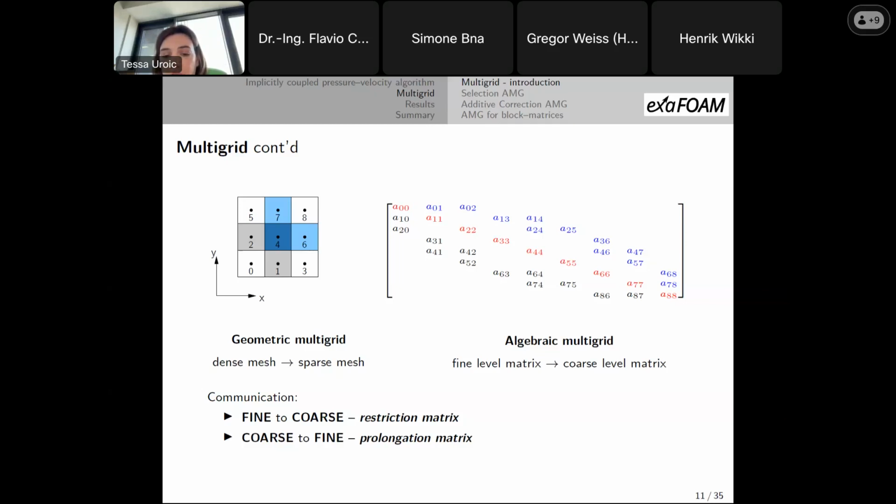And here we have two matrices, restriction matrix and prolongation matrix, which are basically projection operators used to project a problem from a higher dimension to a lower dimension, or vice versa. Next slide, please.